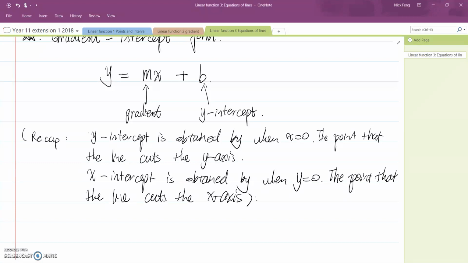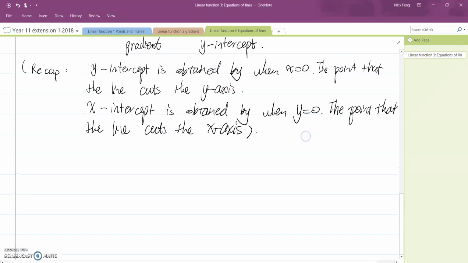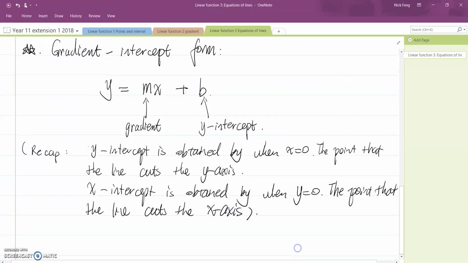Okay, so that means if we have the gradient intercept form, a straight line going through like this, let's say, I need to redraw this. The gradient is m, and the y-intercept has to be b. In other words, it cuts the y-axis at b.